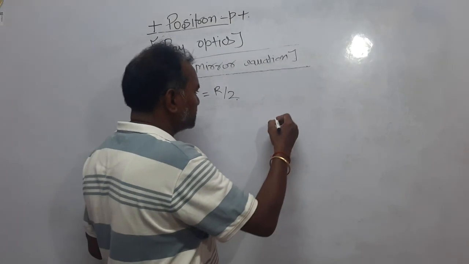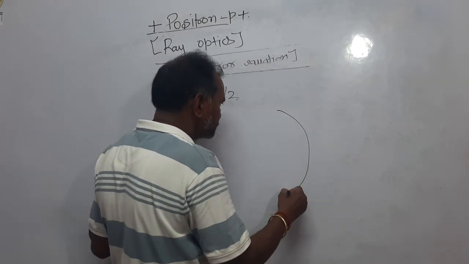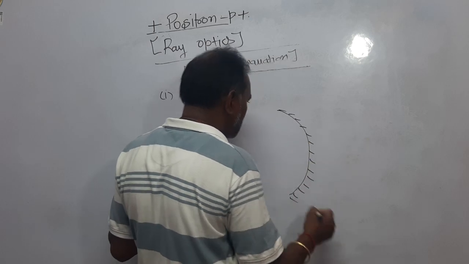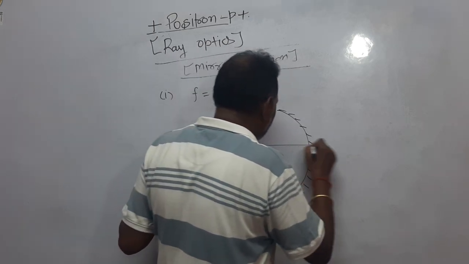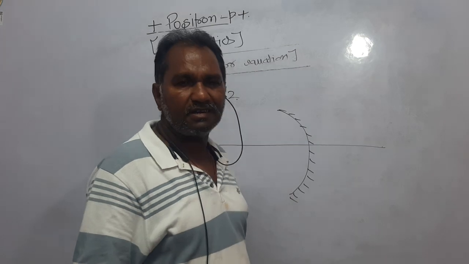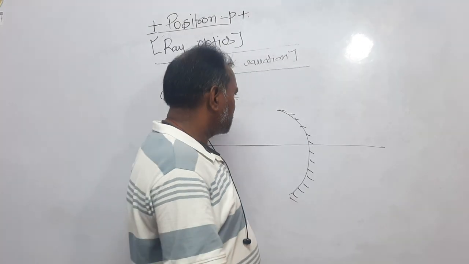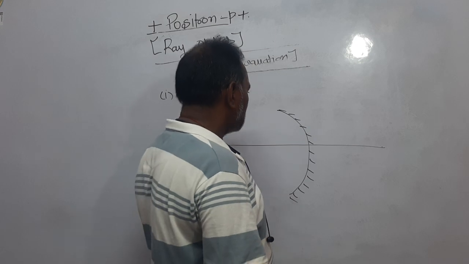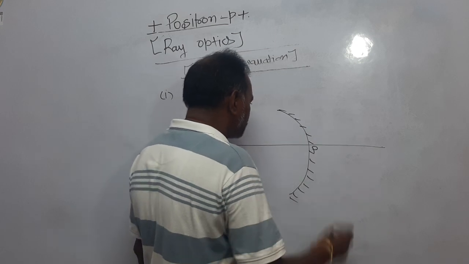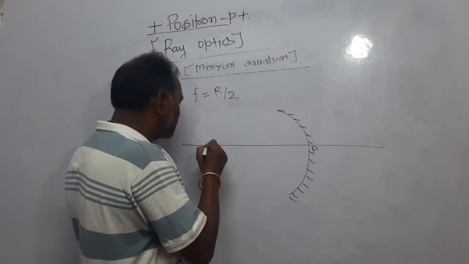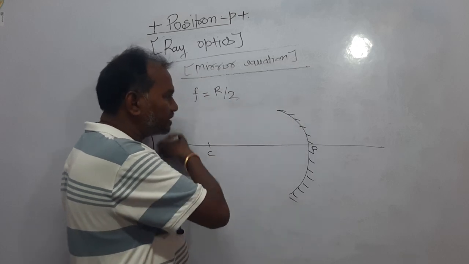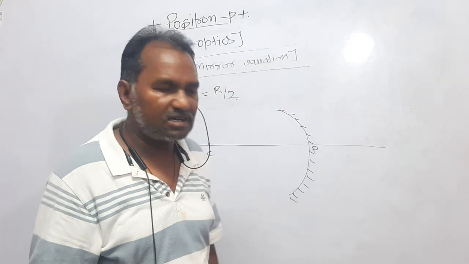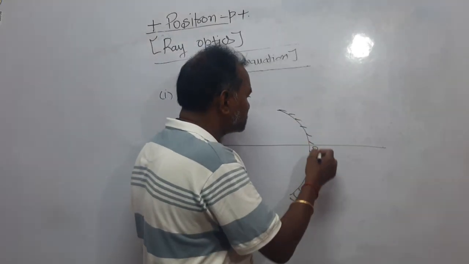Now, dear students, I am considering this is a concave mirror. The geometrical center of this mirror is the pole. This is the center of curvature. Actually, it is a part of a sphere. This is a cross section of the sphere, whose rear side is silvered.